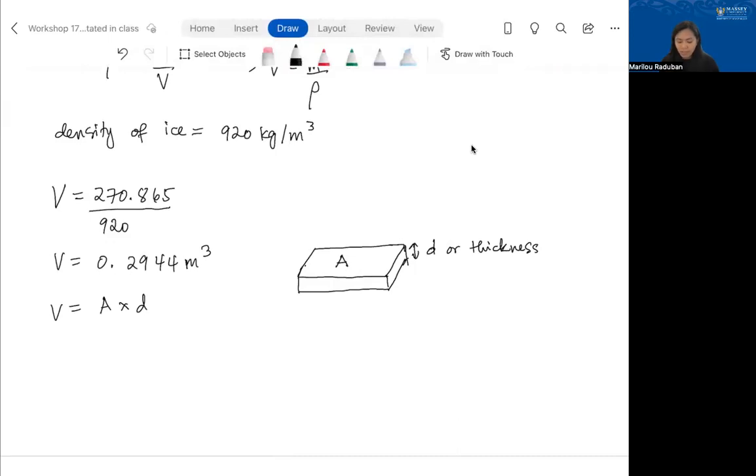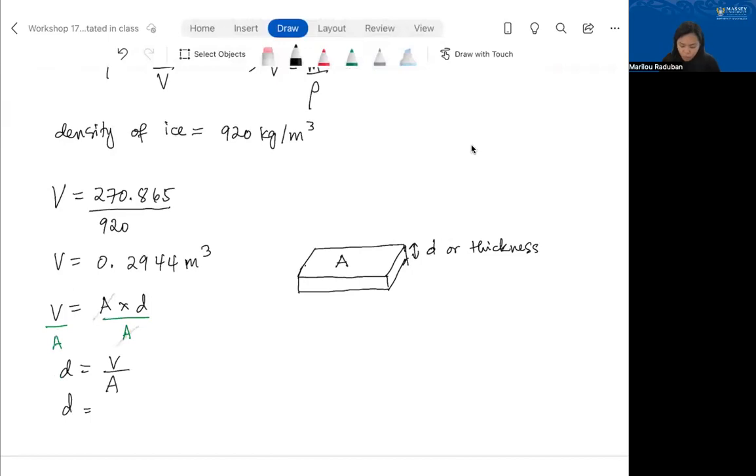Okay, so rearranging this, dividing both sides by the area, because we want to isolate the thickness, which is what we want to find. So the thickness will be equal to the volume divided by the area of the surface.